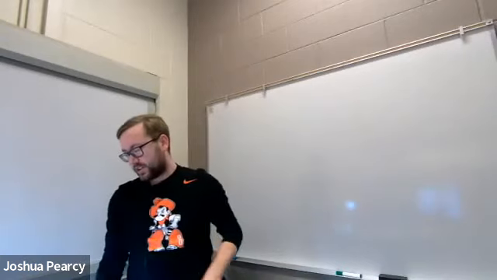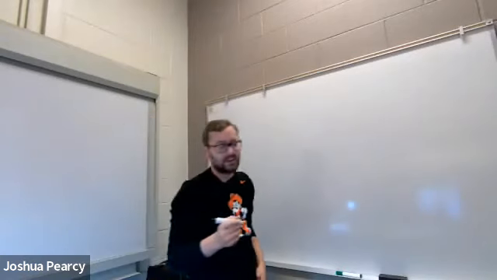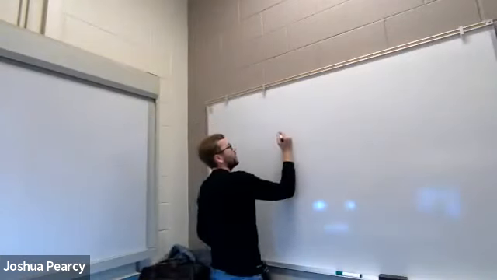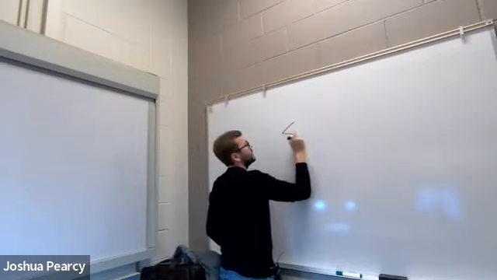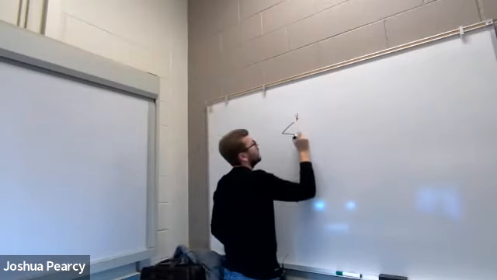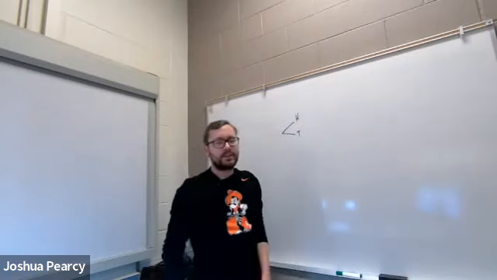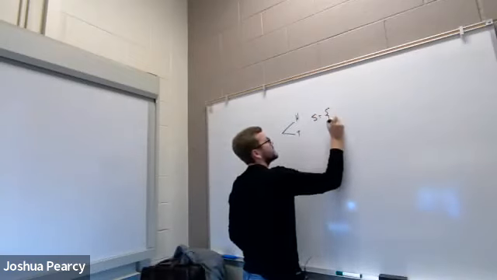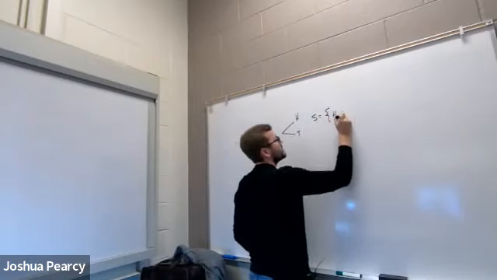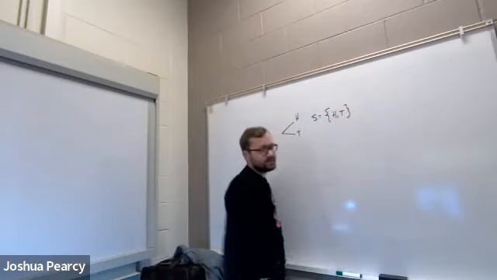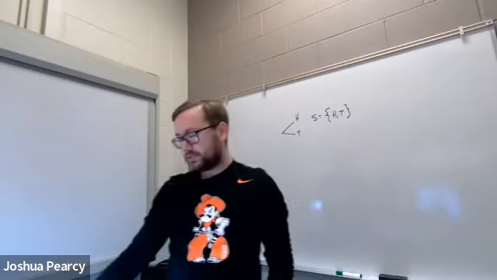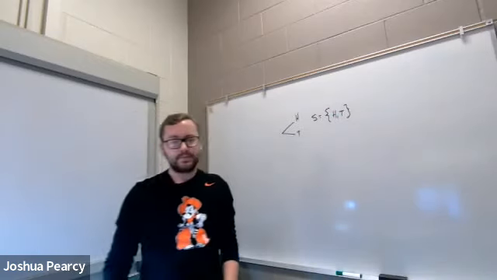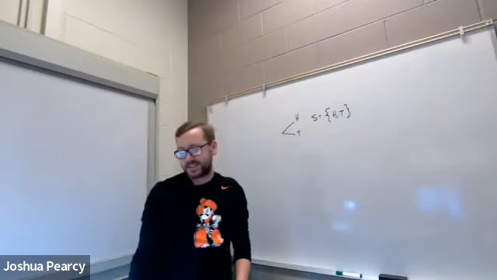There, got it. So the first one, the experiment says tossing a coin. If you toss a coin once, you get two outcomes, either heads or tails. So the sample space S is just the set containing heads and tails. What if I roll a six-sided die?